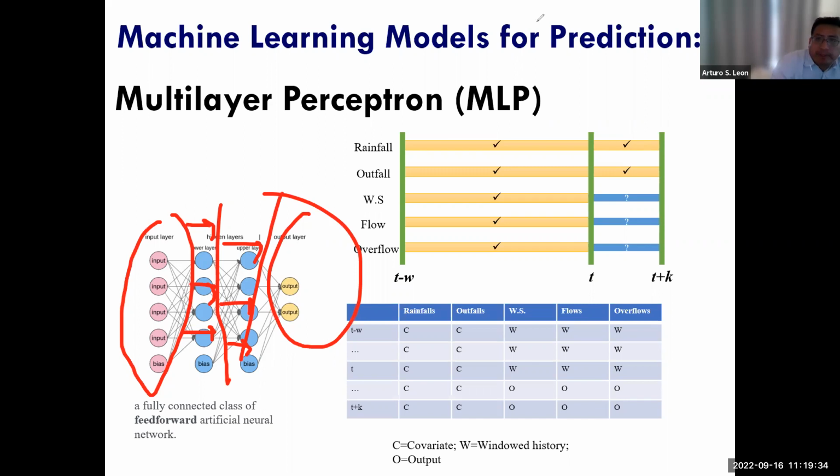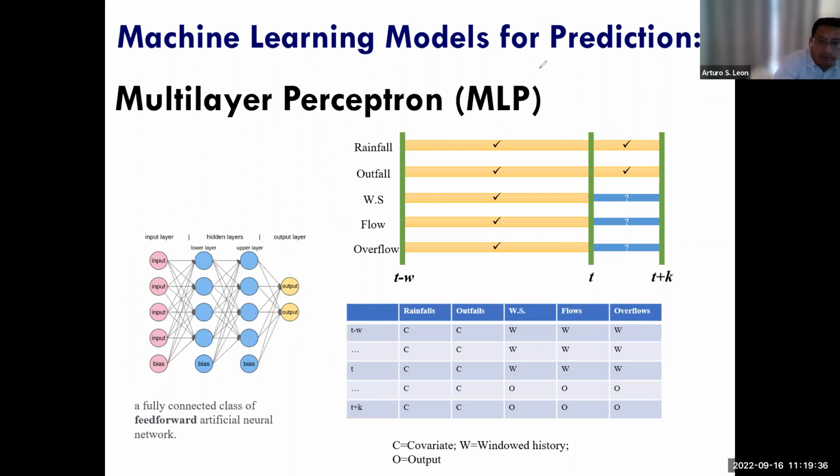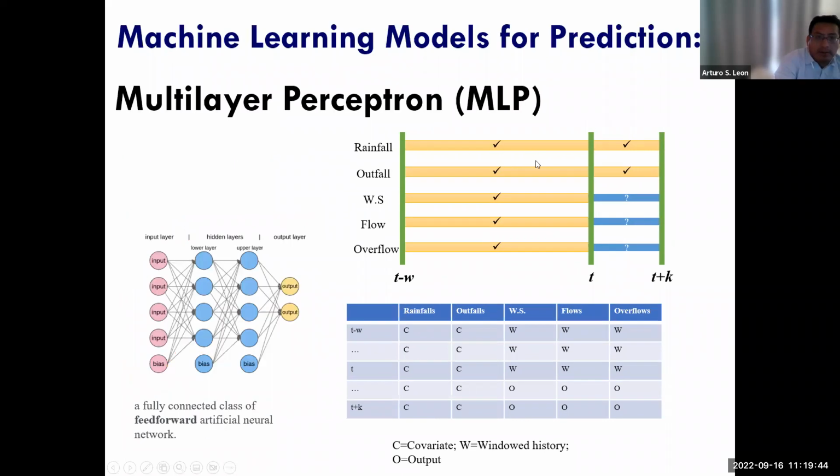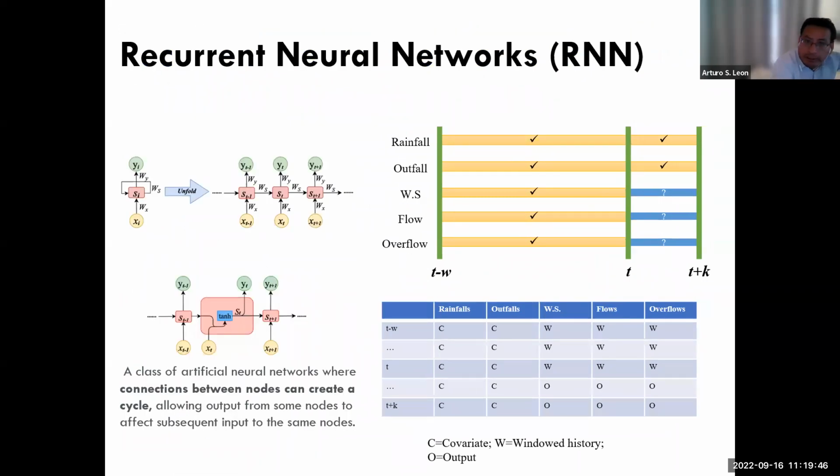Then we have also used the recurrent neural network model. In this case, some connections between the nodes are allowed, so we can create loops or cycles.